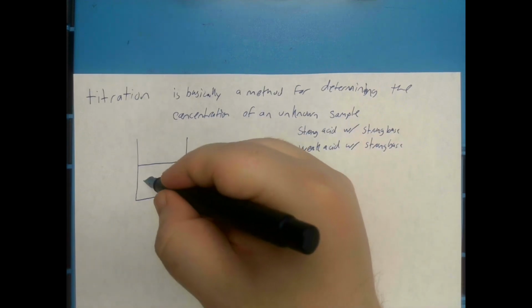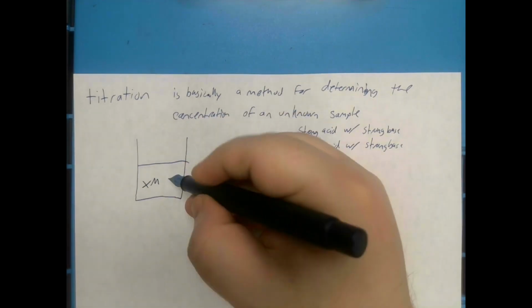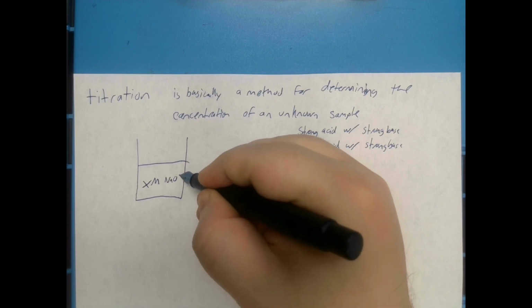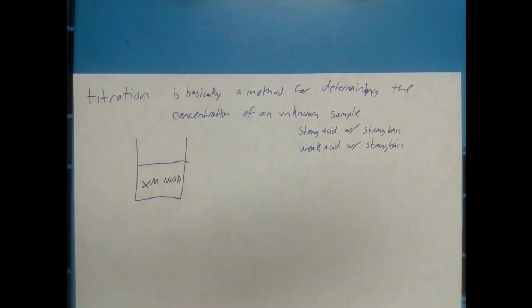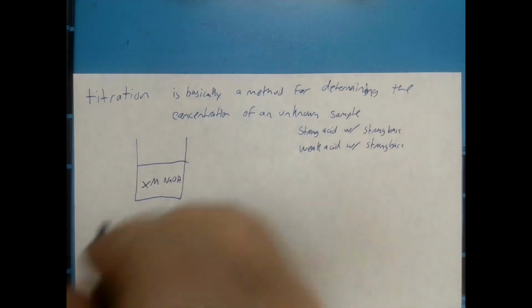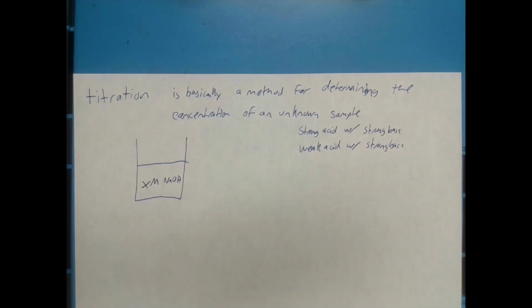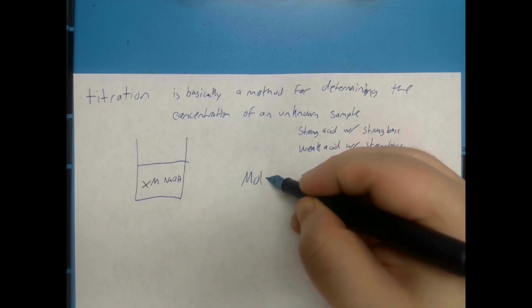So let's say we have X molar NaOH. We don't know what concentration this is, but we want to figure it out. What can we easily do with it? What are some properties we can easily measure? So we're trying to find molarity.